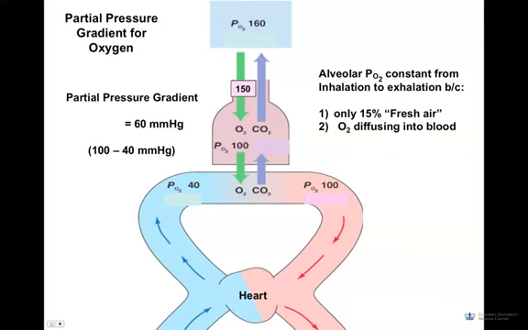So you can see we take in a breath, which is illustrated by the green arrow, and immediately PO2 drops to 150. And then that breath is taken in more deeply, and it mixes with previously inspired air at the alveolar sacs, and it is diluted again down to a PO2 of 100.